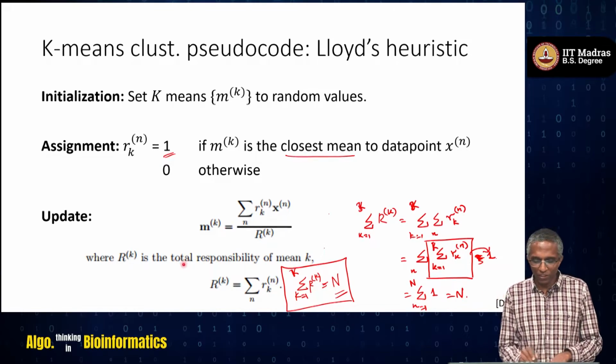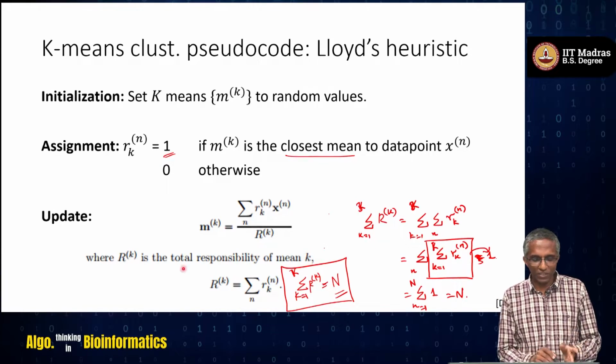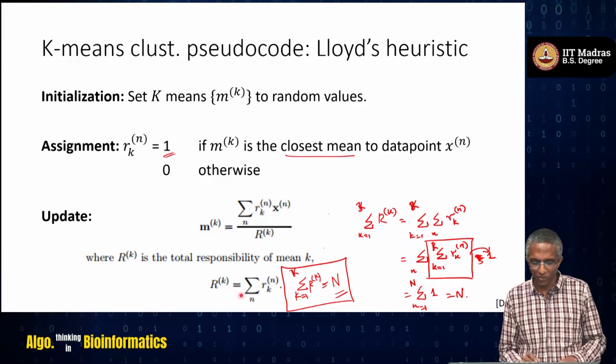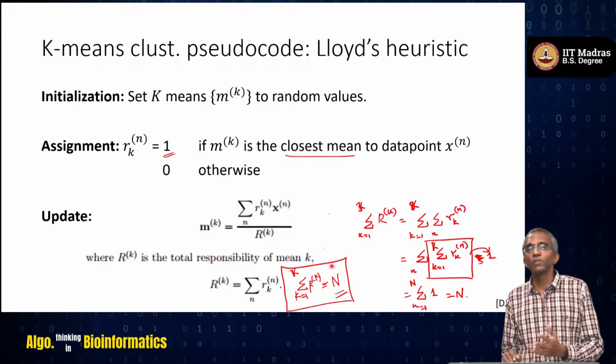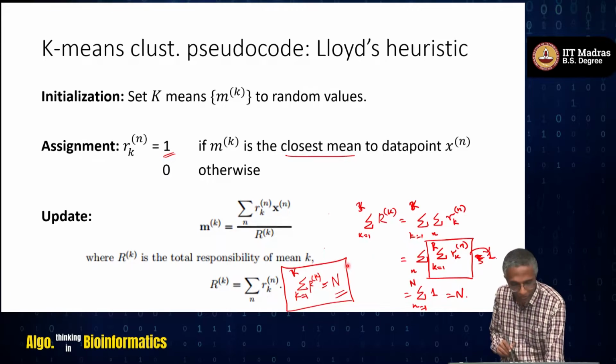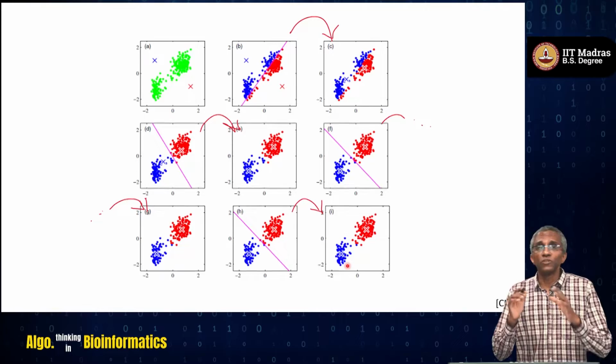The total responsibility of mean k is the number of data points assigned to that kth center, and every data point is assigned to exactly one center. So, if you sum up the total responsibilities of all the k centers, you will get the total number of objects capital N. That is it. And now, let us look at these examples.